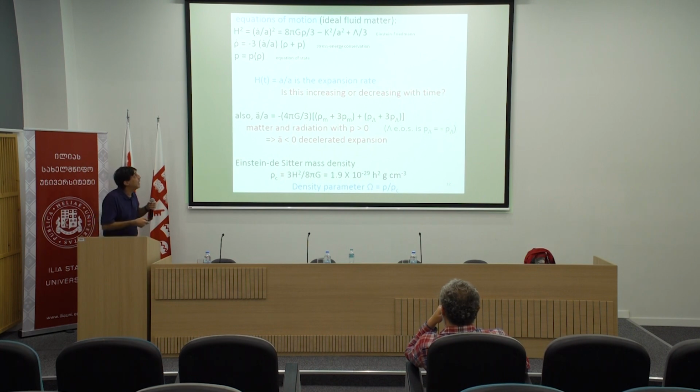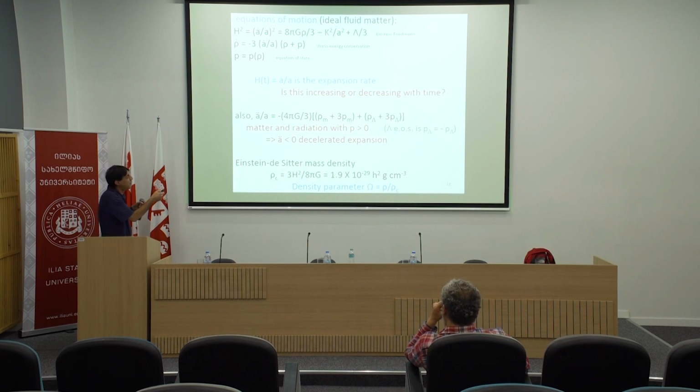So from the stress energy conservation, we can get an equation of motion for rho. And that tells you the rate of change of rho is proportional to rho plus the pressure. And I'm writing this in natural units. If I was using conventional units like CGS, there would be a c squared in the denominator of this term.